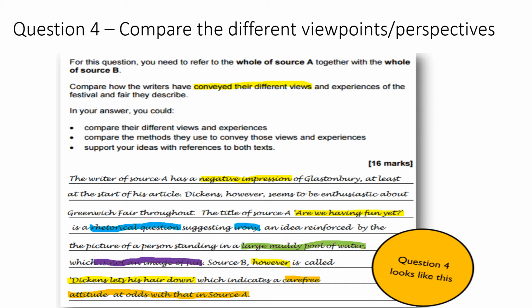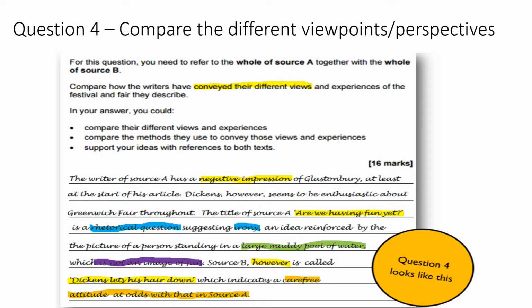Even within this little section, you can see that they're not explicitly stating that viewpoint, and the person who's answered it has had to use some sort of inference. So you've got that idea there. Are we having fun yet? And then a person standing in a large muddy pool of water. You could infer that there is a negative experience or a negative impression of Glastonbury, of that festival. Not specifically stating it, but you could infer.